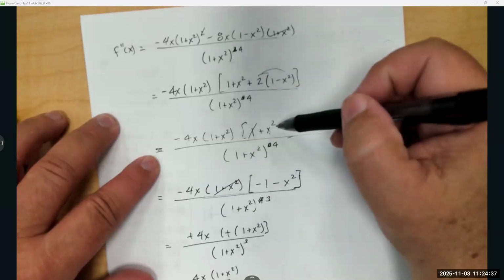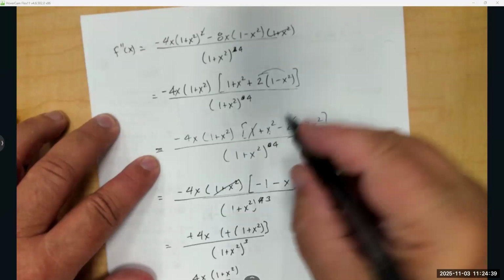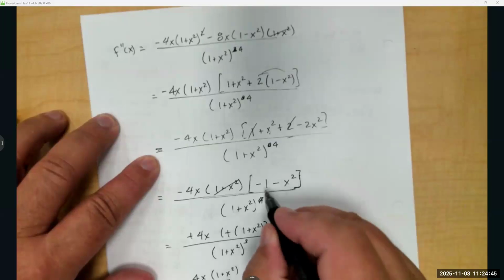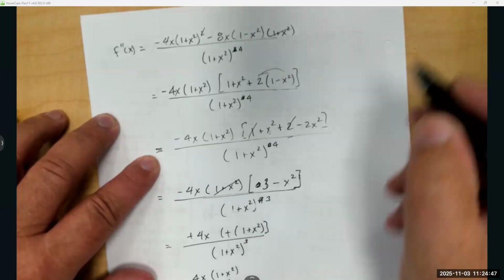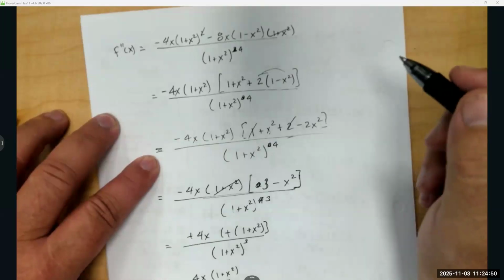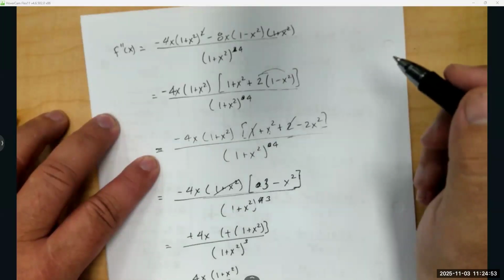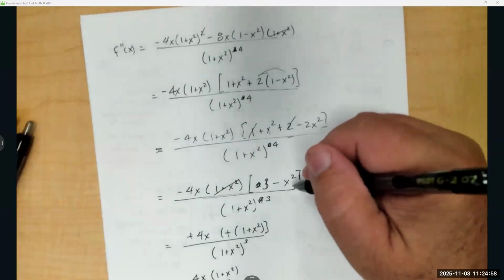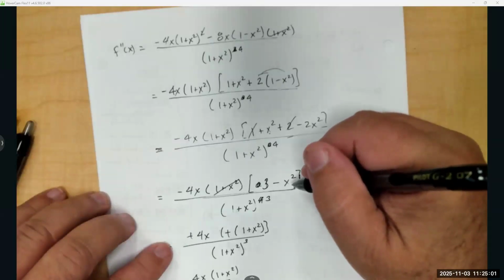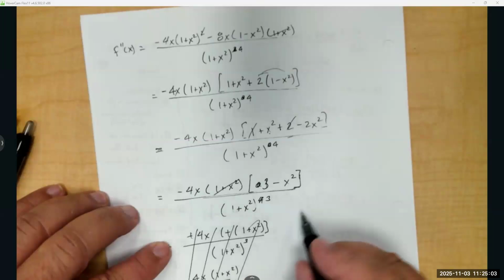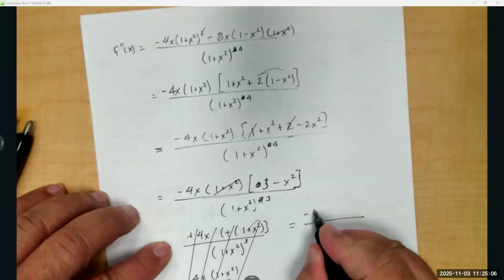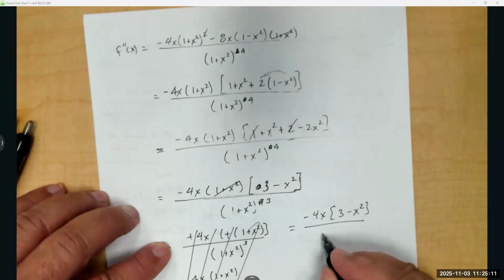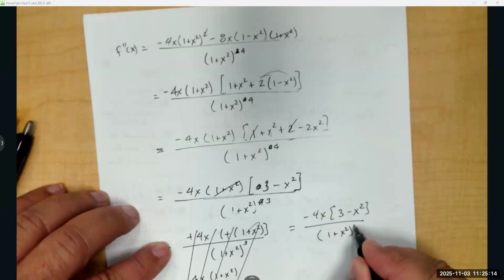This one becomes 1 plus x squared, plus 2. There you go. That's another mistake I made. So this becomes a positive 3, minus x squared. Okay, that's right. Then we had negative 4x, 3 minus x squared, over 1 plus x squared cubed.